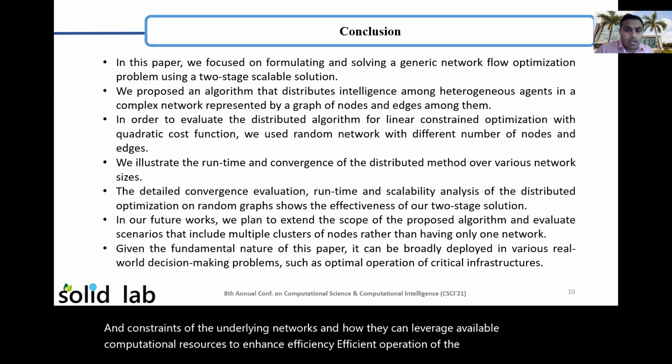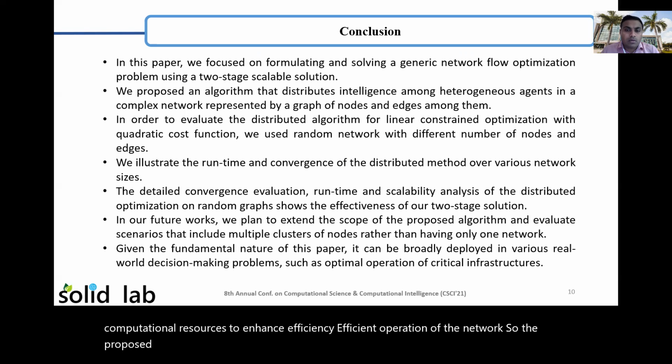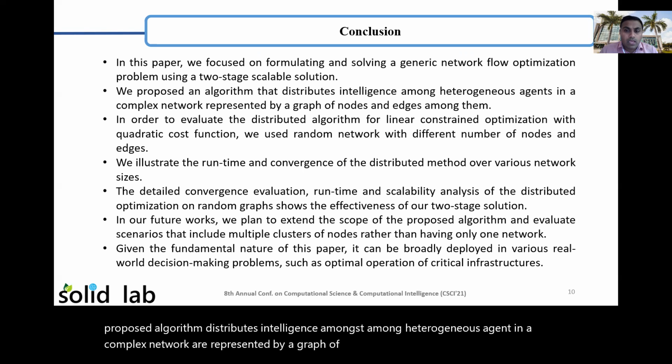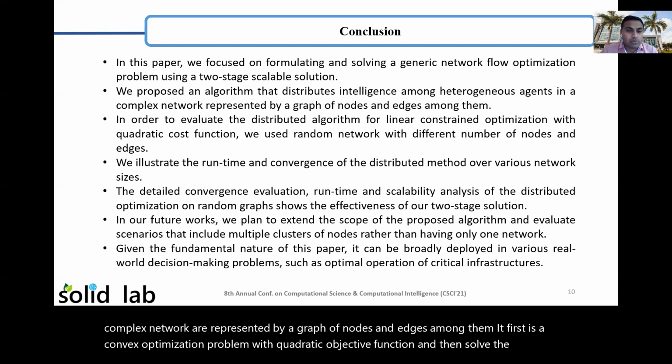The proposed algorithm distributes intelligence among heterogeneous agents in a complex network represented by a graph of nodes and edges among them. It first linearizes a convex optimization problem with a quadratic objective function, and then solves the linearized problem using a distributed algorithm.